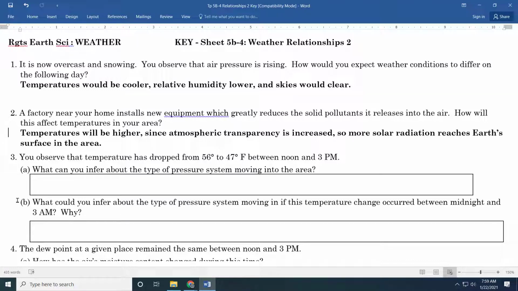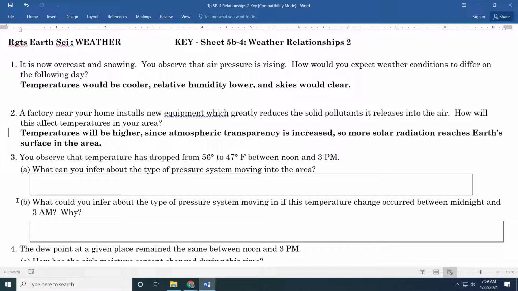Between noon and 3, according to what we learned, the temperature should be going up. Normally 3 is roughly the hottest part of the day because we're gaining more energy than we're losing between noon and 3. So if the temperature is going down when we thought it would be going up, must be we have an air mass, a chunk of air, a pressure system moving in that is bringing colder air with it.